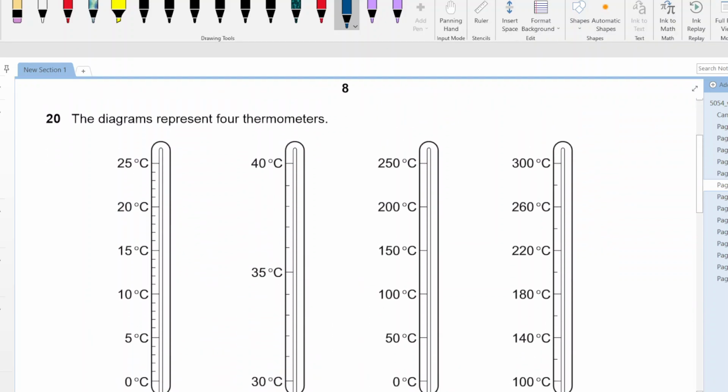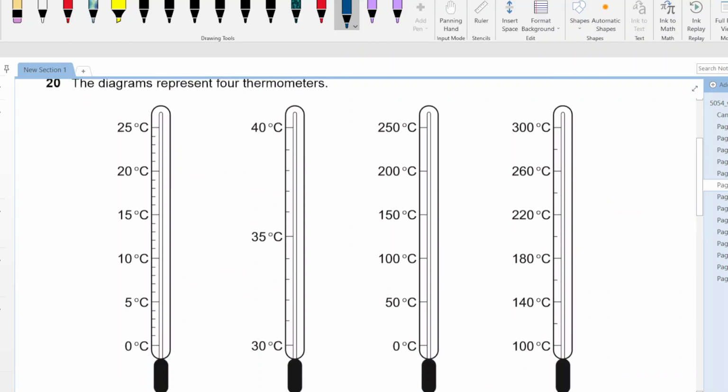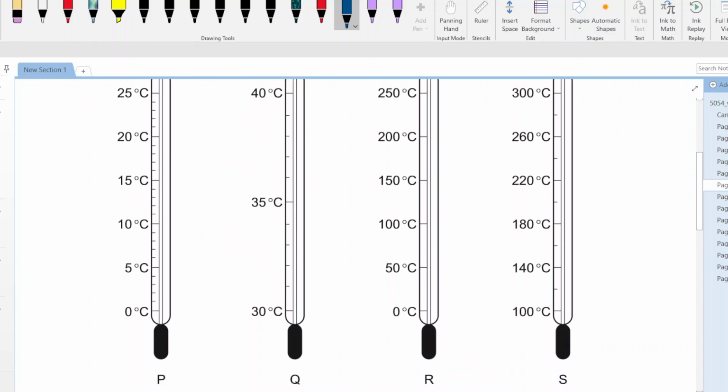We see that thermometer Q starts from 30 degrees centigrade and ends at 40 degrees centigrade. Therefore, its range is least. Therefore, this is more sensitive.